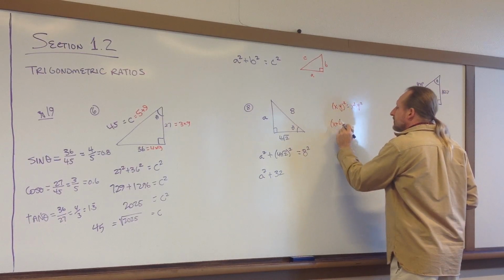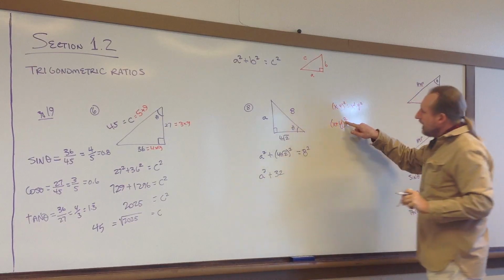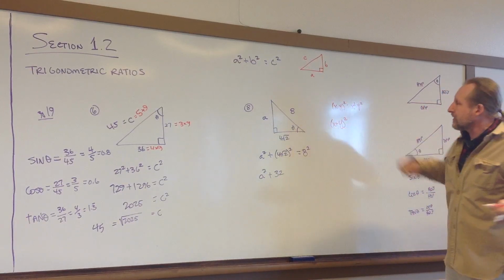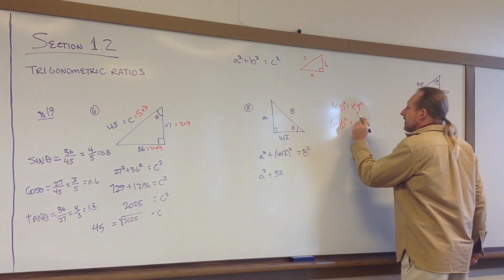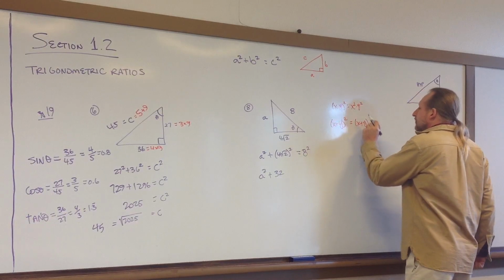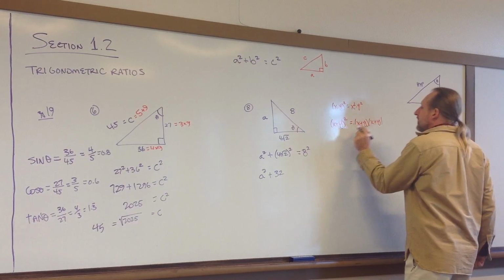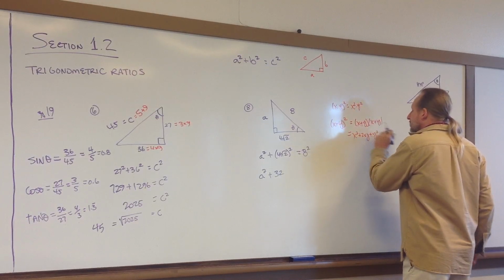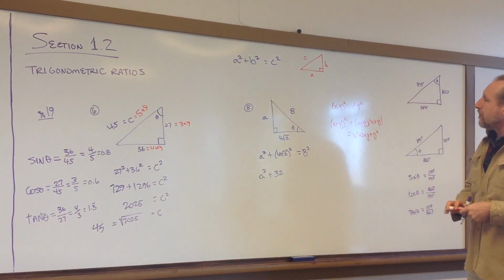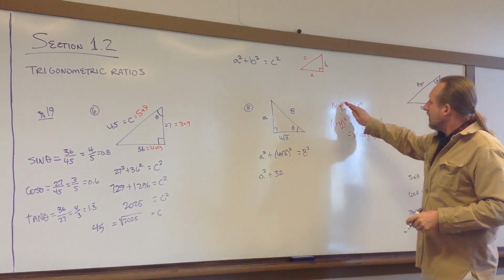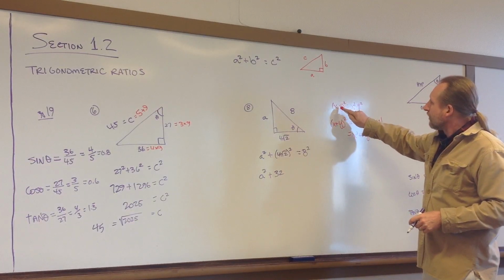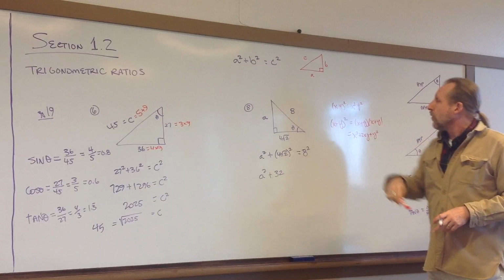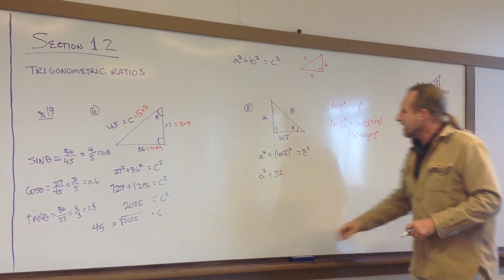But you cannot distribute an exponent across addition or subtraction. It just fundamentally doesn't work. X plus y squared has to be expanded, and that'll give you x squared plus 2xy plus y squared. But you can do this distributing over multiplication or division, and that works just fine.